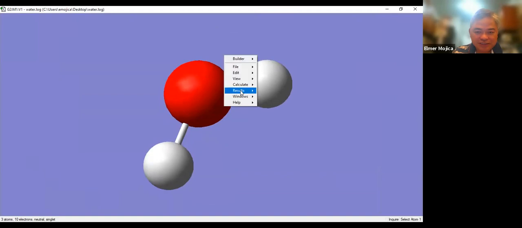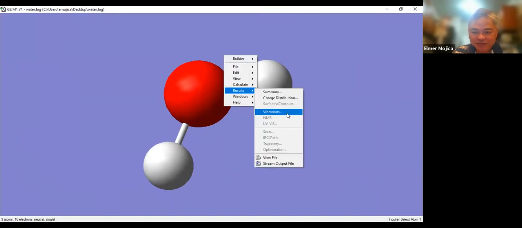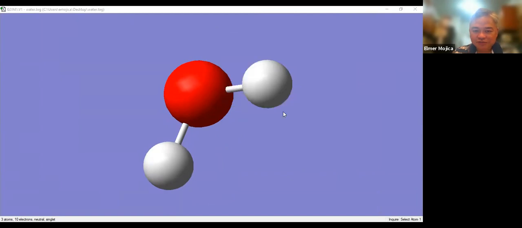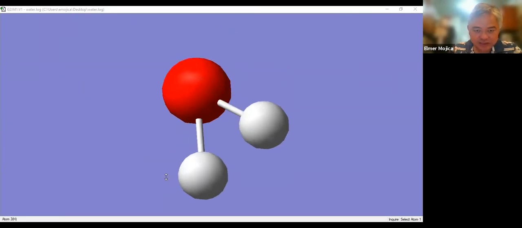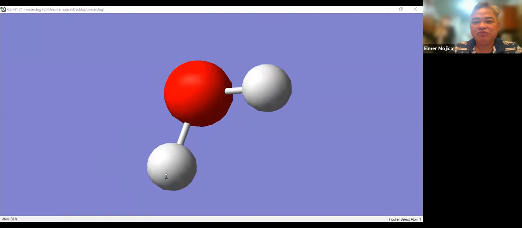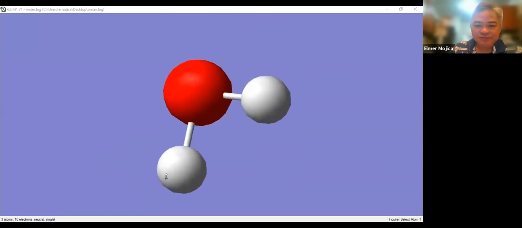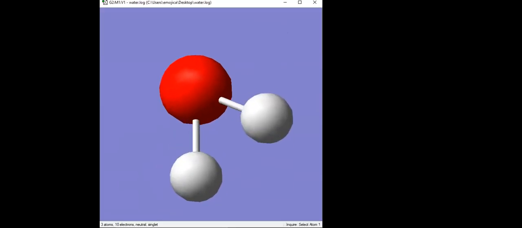I right click it and then you see the results and I go to the vibration. I'm going to click this what we call mode. Ibig sabihin ilang modes yung meron dito, 3. And it will show you what modes they have. Start animation. Do you see a molecule moving? Yes, po.